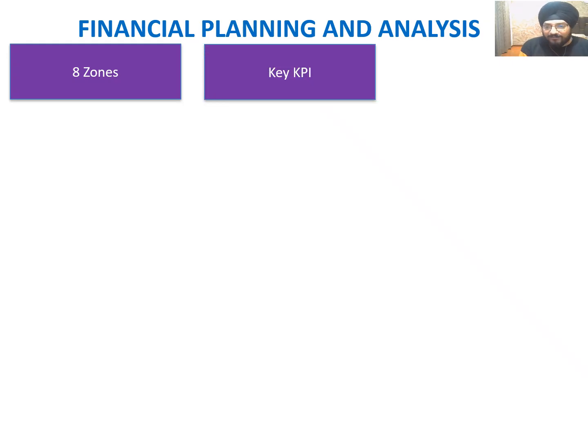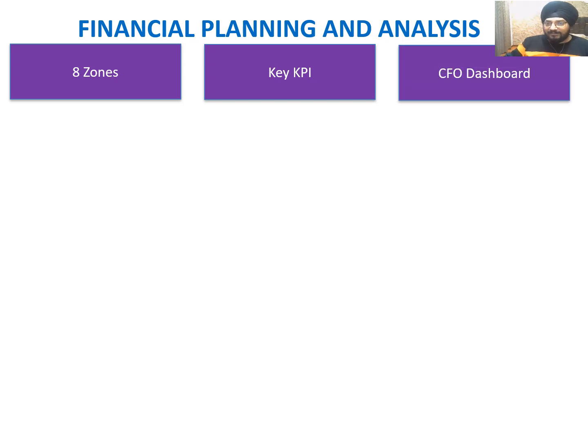Then we are going to have an understanding of the key KPIs at the sub process level, and then we also look at the KPI at the process level itself, and then we are going to have a look at the information or the kind of insights that the CFO wants to have, so that he can analyze and visualize that everything within the company at FP&A level is working smoothly. So let's just move to the first one then.